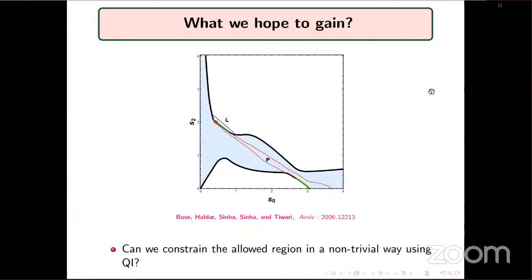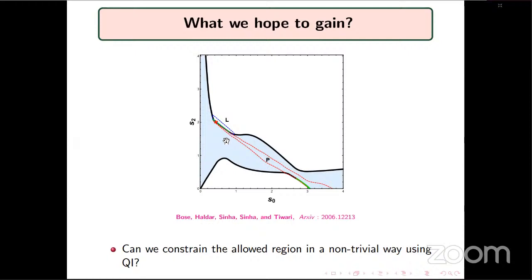So what we hope to gain: this is a picture of a result of S-matrix numerics that we did in this paper. This picture follows from some basic unitarity analysis and some analyticity requirements. This blue shaded, river-like region is the whole allowed space from those constraints.